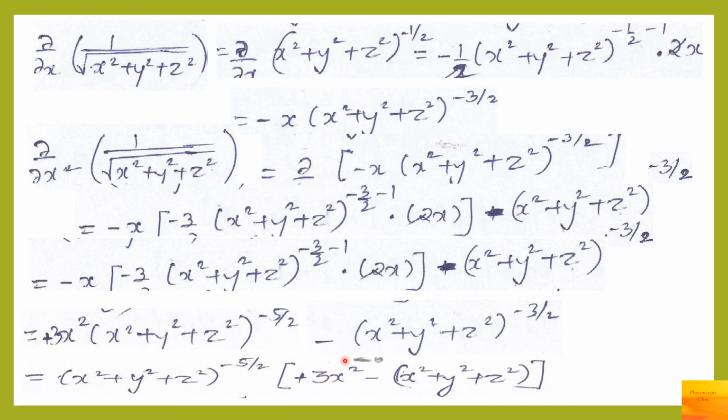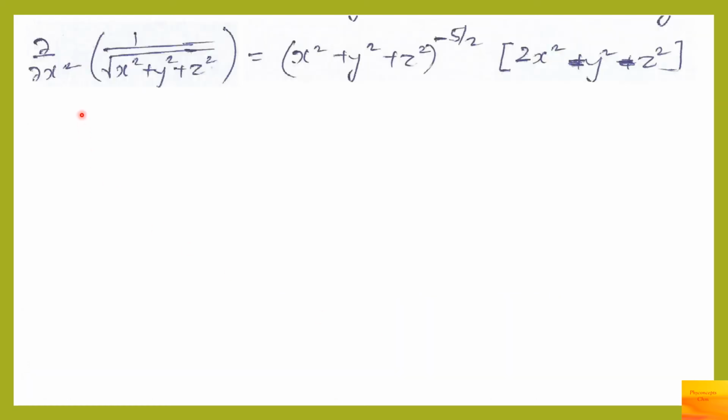Here 3x square remains, and this power is readjusted. We are taking minus raised to minus 5 by 2 outside. So inside we get x square plus y square plus z square. So we get that term in the bracket as 2x square minus y square minus z square. So this is the final equation that we get.